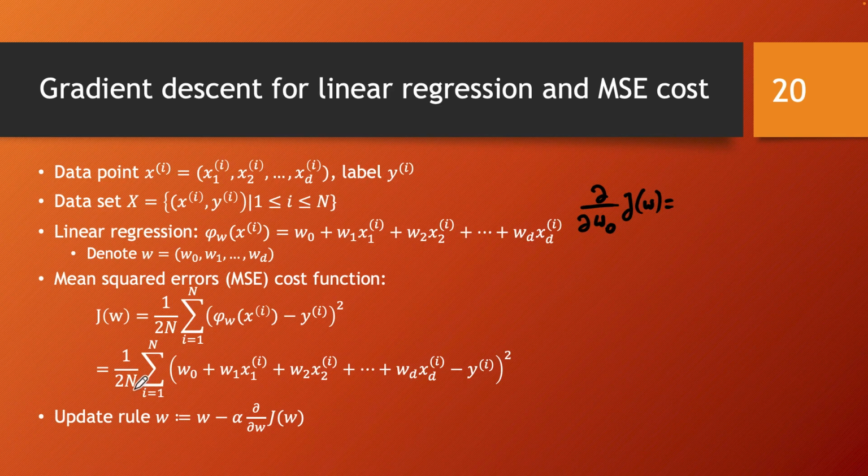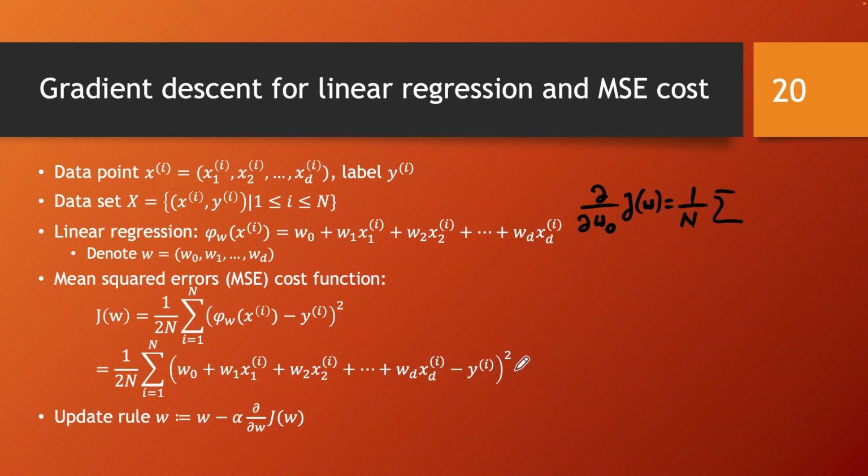You check where your w0 appears, and it's clear it's in this term. So we apply the derivation rule. This is going to be equal to 1 over 2n, but in fact the power 2 from this term gives me an additional 2 in front, which cancels out this 2. So I'm going to have just 1 over n, sum. When I calculate the derivative of this term, the power 2 disappears and goes in front, so I'm left with this term to power 1.